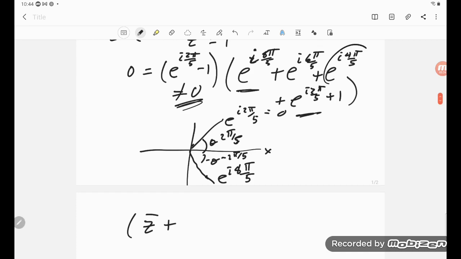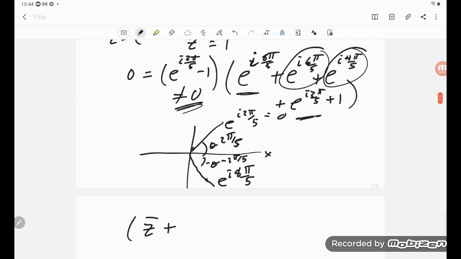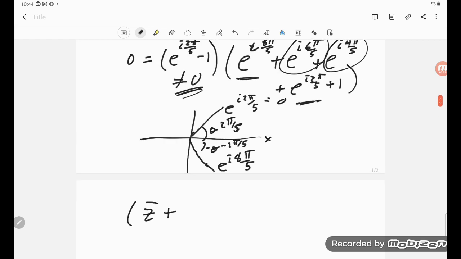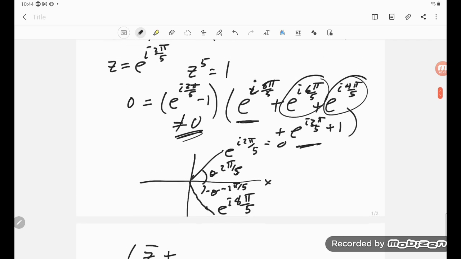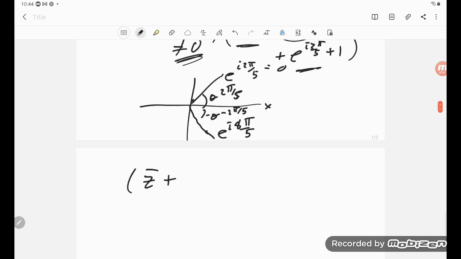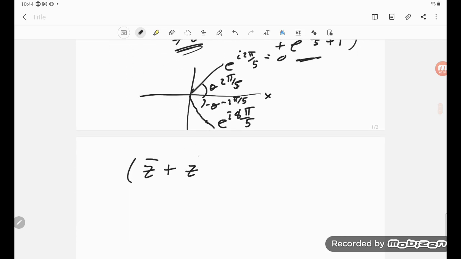Now, if you look at these two, you get the same sort of thing. They are reflections across the x-axis. But the e to the i 4 pi over 5 is z squared, right? I'm letting z be this e to the i 2 pi over 5. So that's z squared. And so I have, instead of z to the third, z bar squared, or z conjugate squared, and then plus z squared, and then plus z plus 1, and that all equals 0.